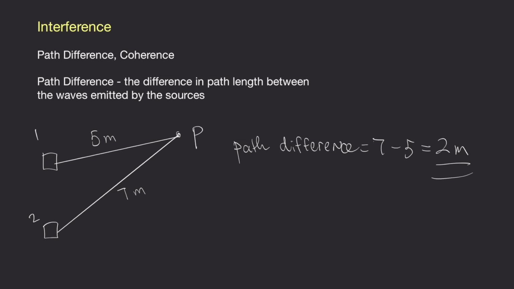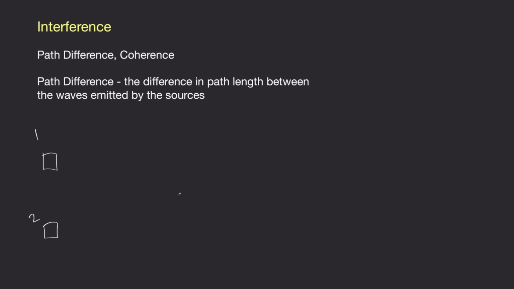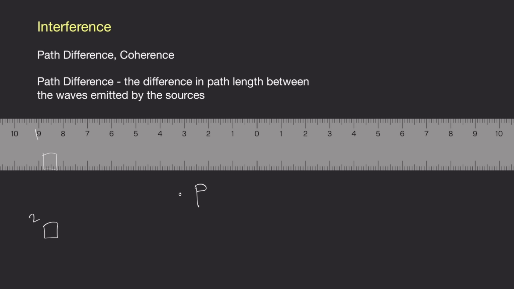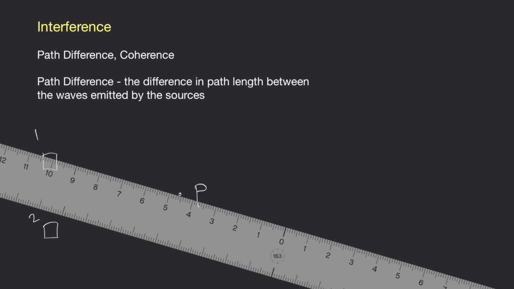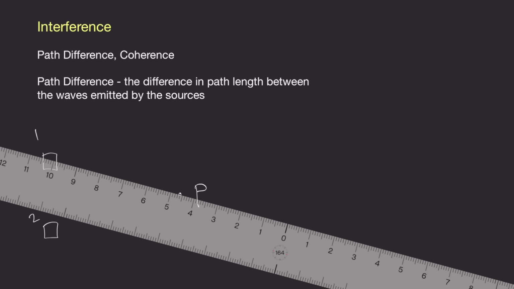Please note that if we pick a point which is exactly between the two sources, the paths will be exactly equal because they're going to form this equilateral triangle like so.